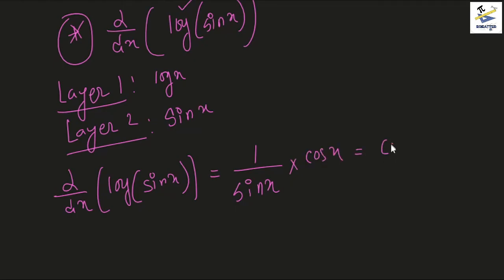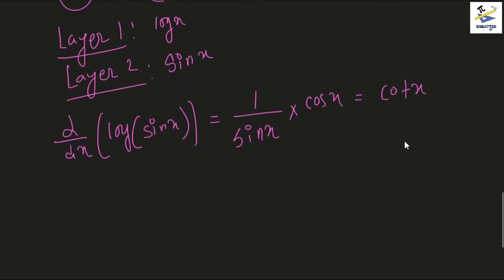And cos x by sin x is simply cot x. So you see, we have got the answer. d/dx of log sin x is just cot x. Okay. So this is not really a very hard one to be done. Let us move to other examples.